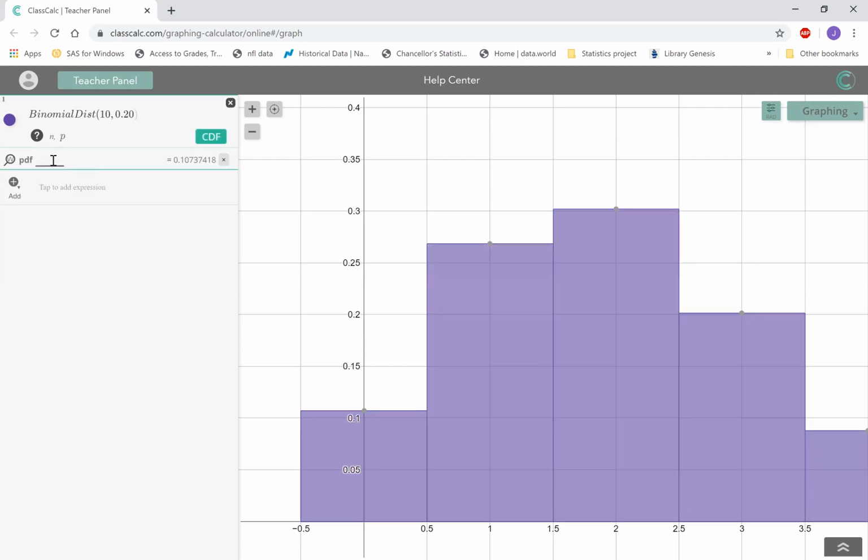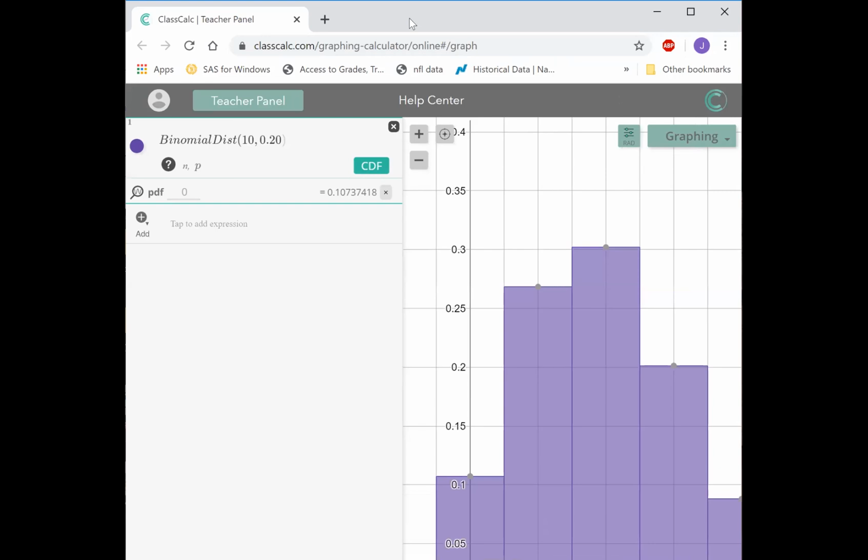So for the PDF, what should I say x is equal to? Cool. All right. So you say 1.